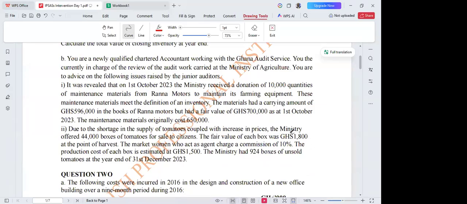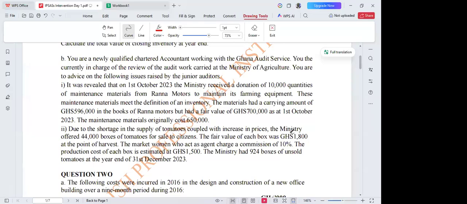You are a newly qualified chartered accountant working with the Ghana Audit Service. You are currently in charge of the review of audit work carried out at the Ministry of Agriculture. You are to advise on the following issues raised by the junior auditors. It was revealed that on 1st October 2023, the ministry received a donation of 10,000 quantities of maintenance materials from Rana Motors to maintain its farming equipment.